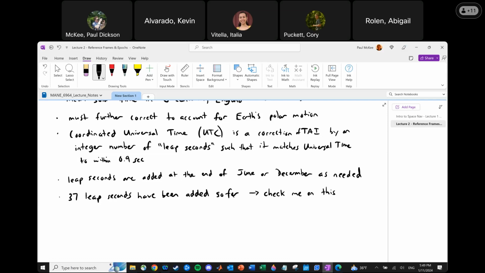And so UTC, what I was alluding to earlier, is the standard by which the whole world calibrates its clocks today.